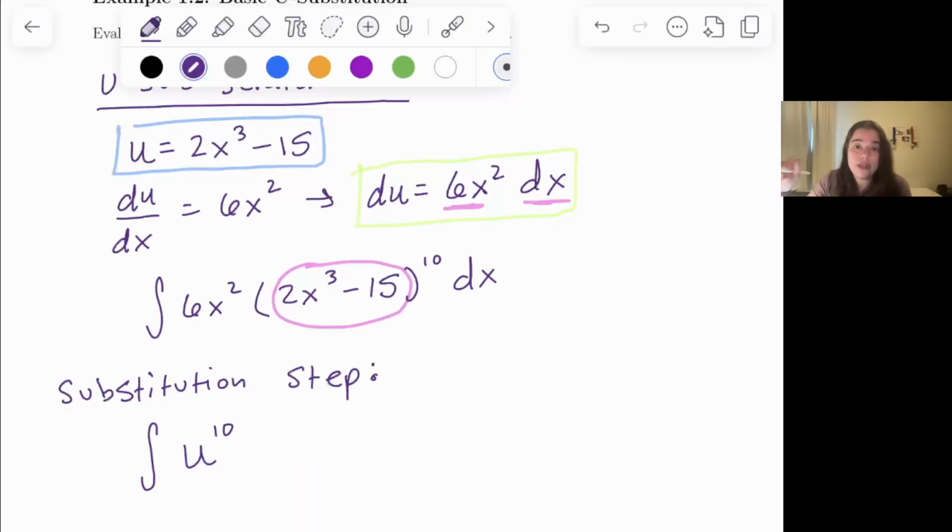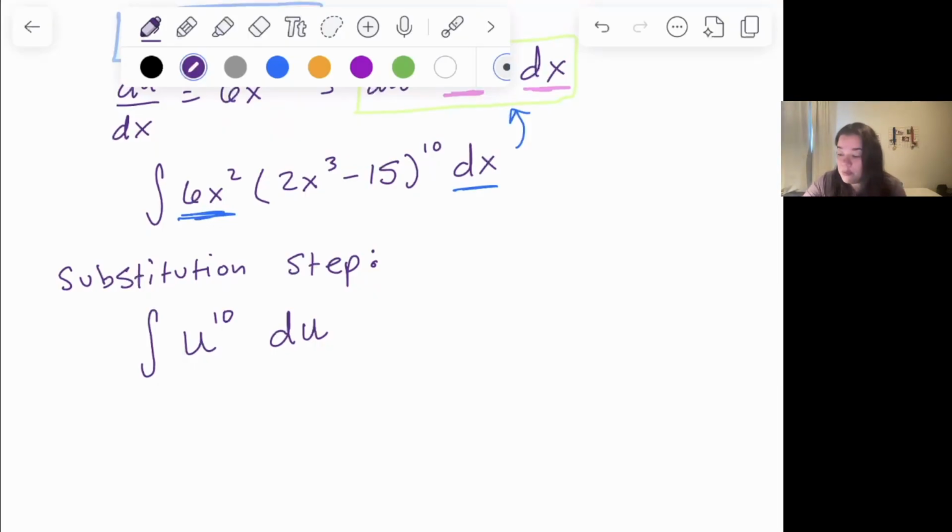We need to include that 10th power. And then remember, this 6x squared dx is actually equal to du. So that's getting replaced by du. So everybody got replaced by who it was equal to.